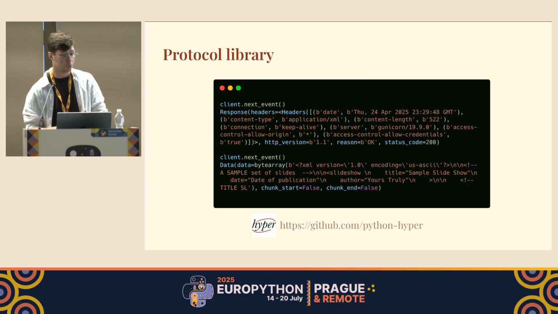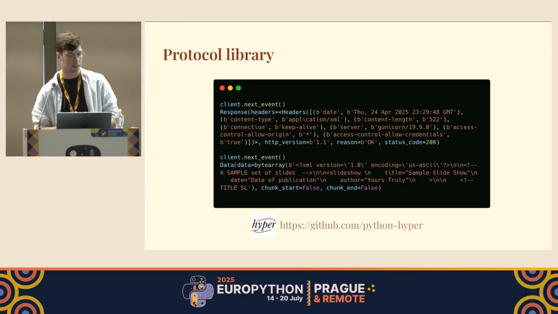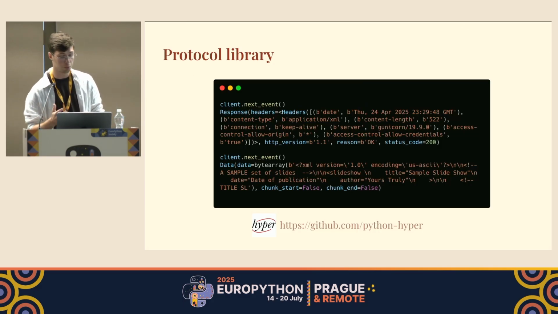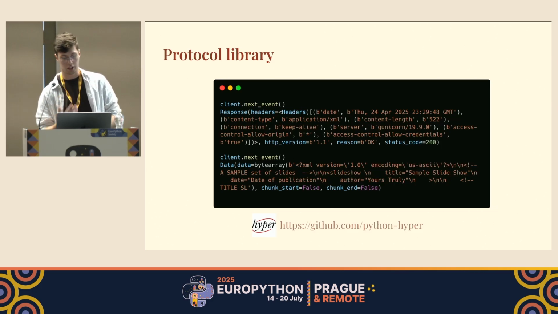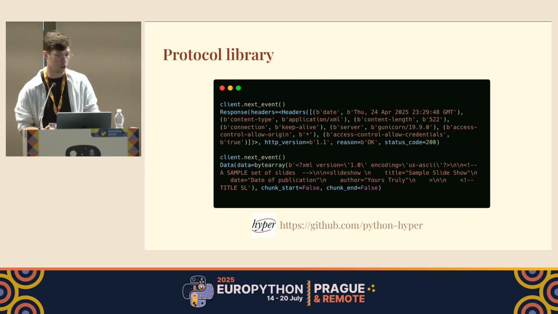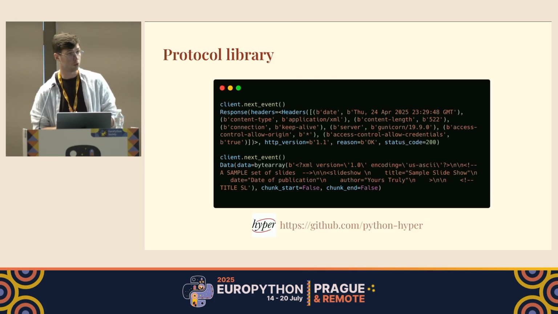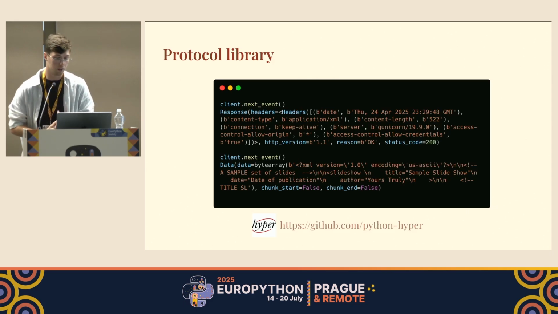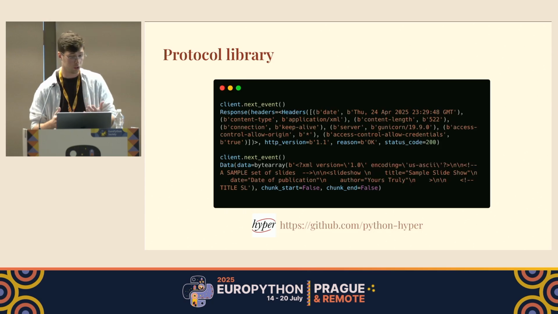And since it's implemented, I would like to say that I was really inspired by the Hyper project for this, because the Hyper library actually implements this for the HTTP protocol versions 1 and 2, and this library is used by, let's say, the Hypercorn web server. They do quite the same thing.